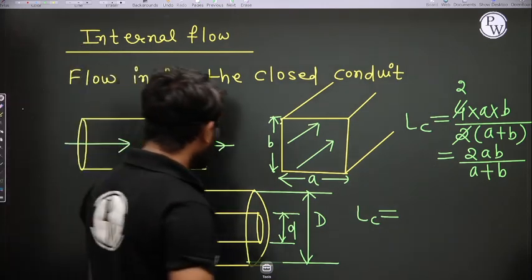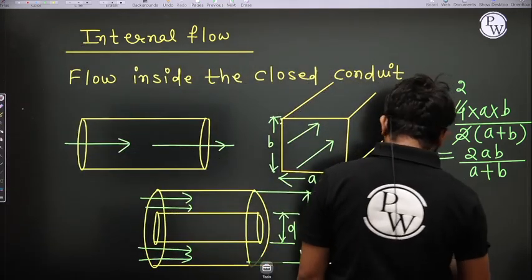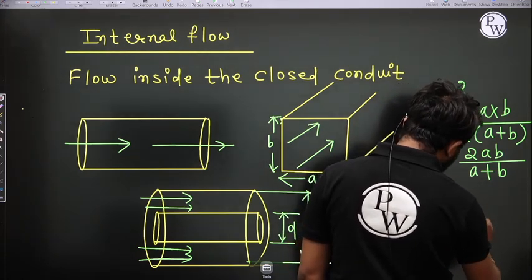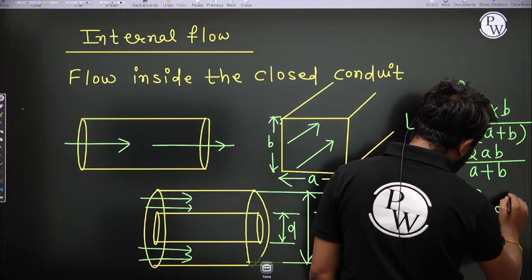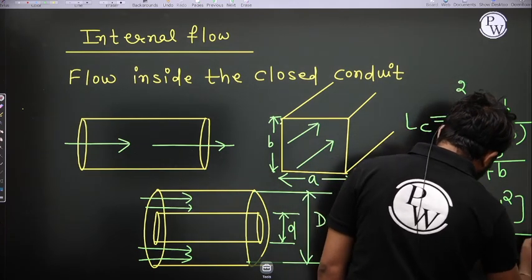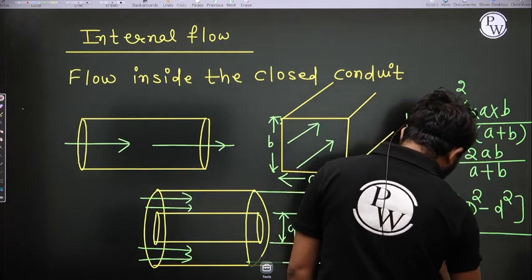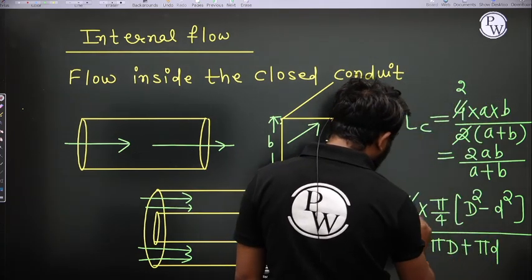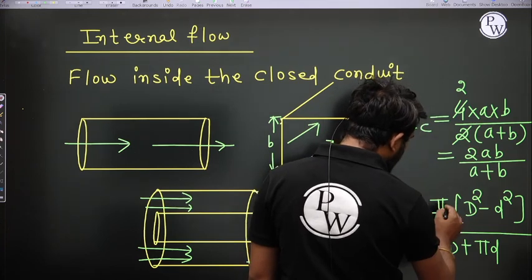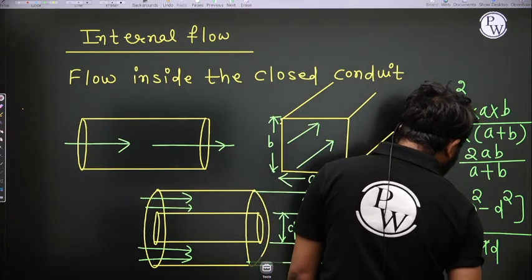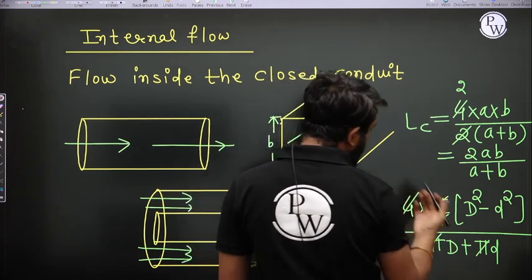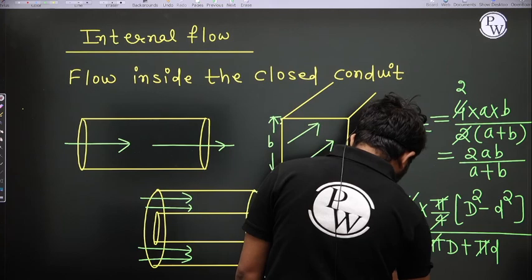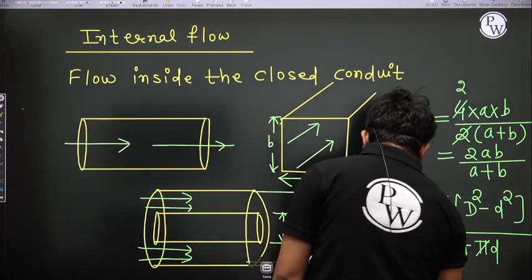Now in the annular case, what is the Lc? What is the flow area here? So this is 4 into pi by 4 capital D square minus small d square, the cross sectional area, divided by the wetted perimeter, which is pi D plus pi d. So 4 cancels out, pi cancels out. Capital D square minus small d square, that is capital D minus small d times capital D plus small d, divided by capital D plus small d.